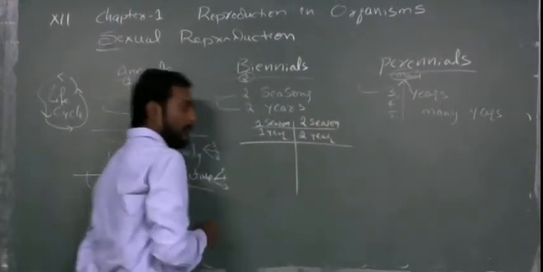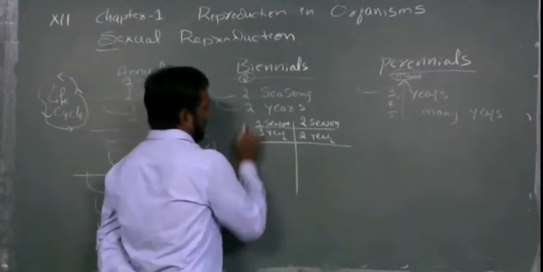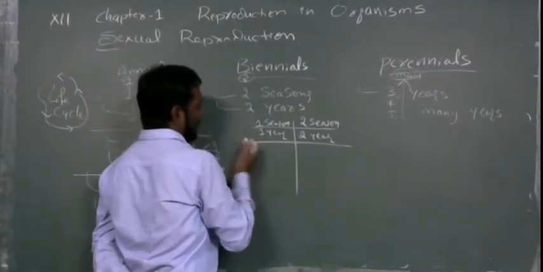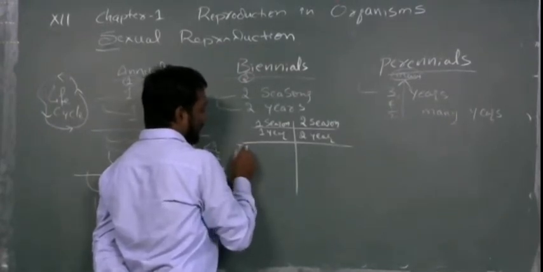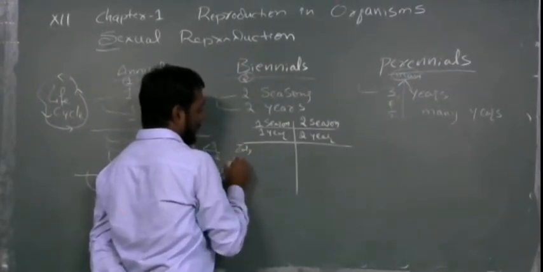Hope you understood. Suppose in the first year, in the rainy season, July to October.